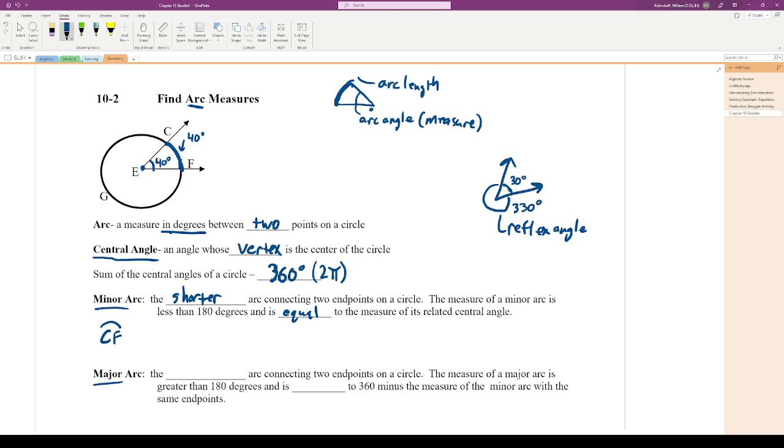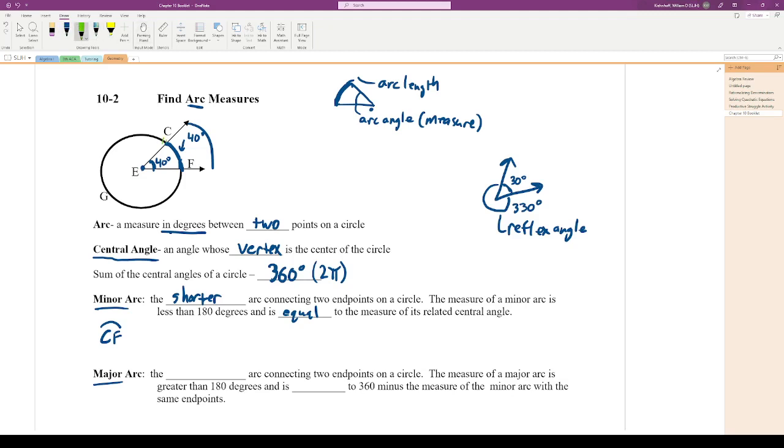No matter what radius the circle has, that arc travels 40 degrees. It'll be longer or shorter in measured length based on the radius, but the number of degrees is the same whether I measure it by the center out here or even way out here. It's still 40 degrees.